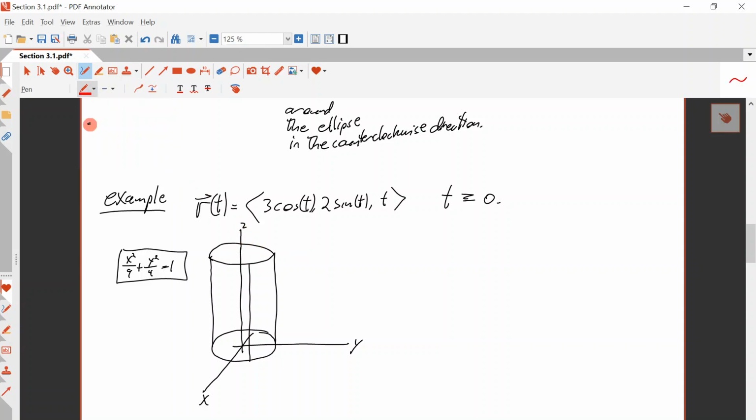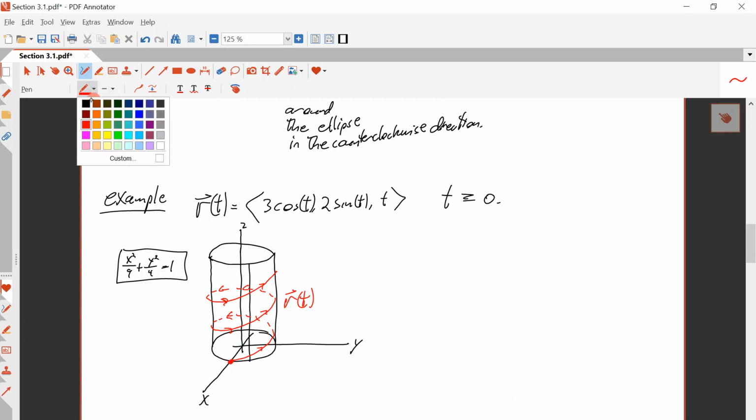What's being described for r of t is that we start here with z equal to 0, t equal to 0, with x equal to 3, y equals 0, and then we're traveling in the counterclockwise direction, and the z-coordinate is just making us go up the cylinder with linear increase. And it's just sort of turning around the cylinder like this. So this is r of t, right? And that shape is called a helix, right?